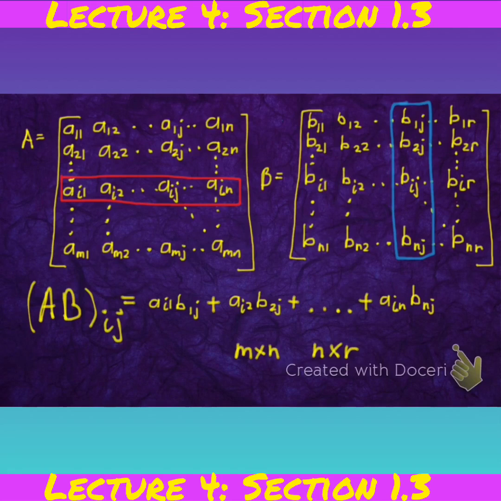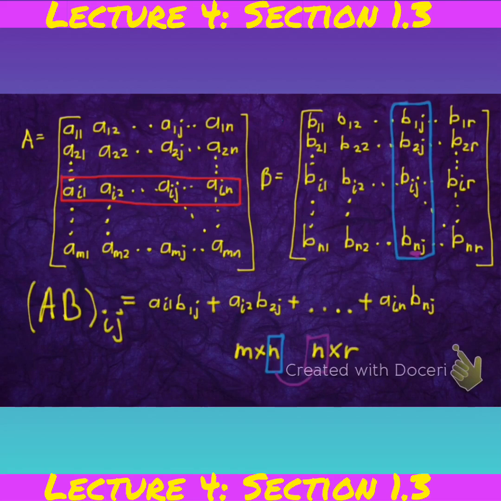The number of entries in the rows of A is the number of columns, so there are n columns, and the number of entries in the column vectors of B is the number of rows, which is n rows. So those two need to be exactly the same for a product between two matrices to exist.